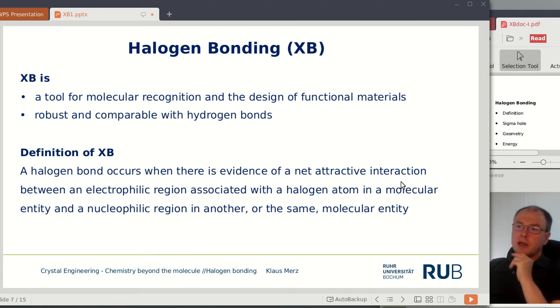The definition: a halogen bond occurs when there is evidence of a net attractive interaction between an electrophilic region associated with a halogen atom in a molecular entity and a nucleophilic region in another, or the same, molecular entity. You see the similarity to hydrogen bonds? Have a look at the last slides from the last videos. You can really compare it.